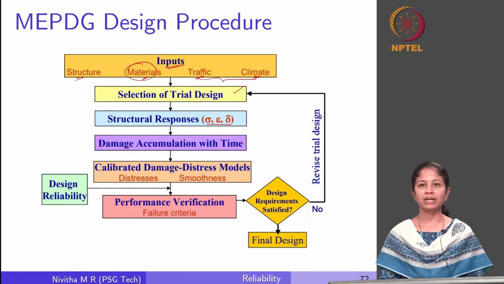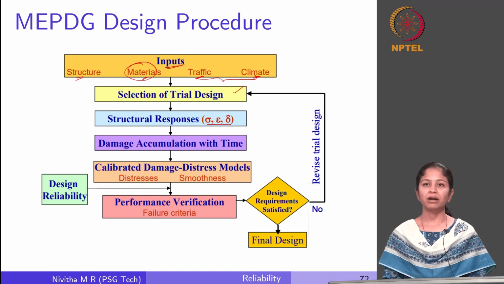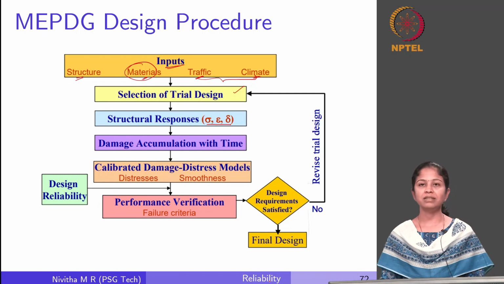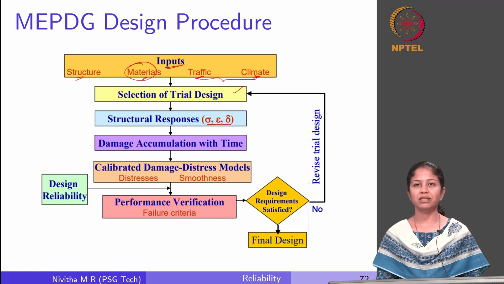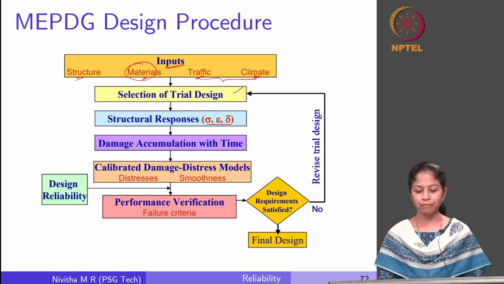Similar AASHO road test studies have been conducted in the US, and based on those studies, the model calibration constants have been arrived at, right. And they have considered a lot of factors in the damage model or the distress prediction model, for which only limited considerations are in other design procedures, right. So, that is another advantage with respect to the distress model.